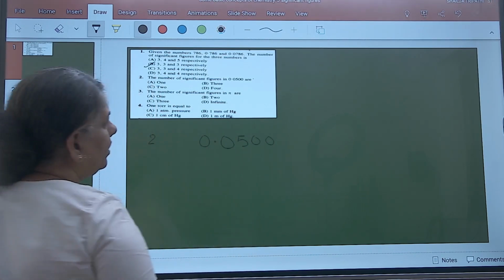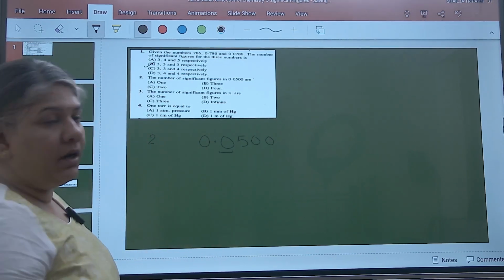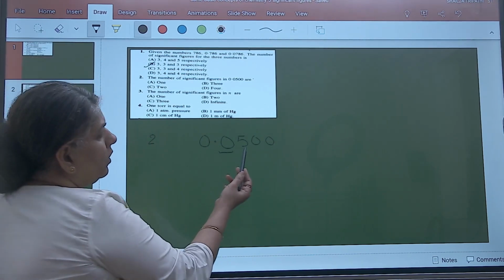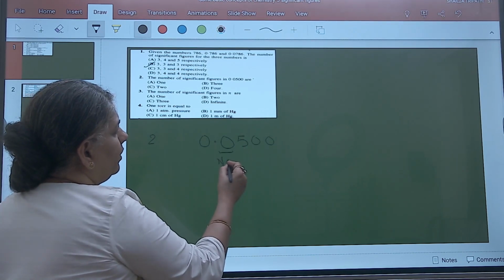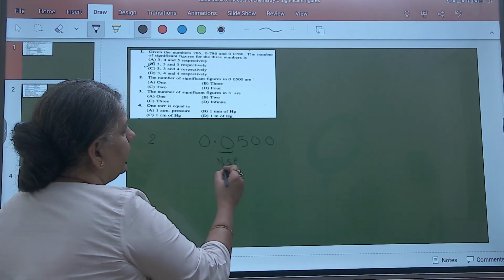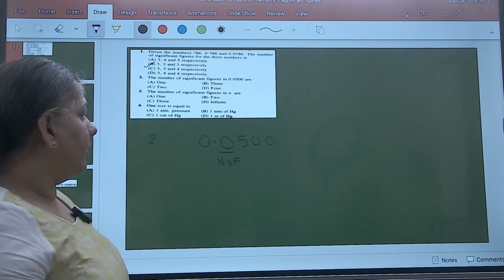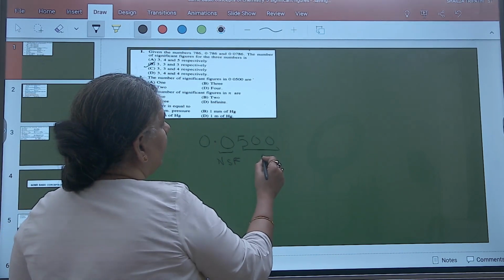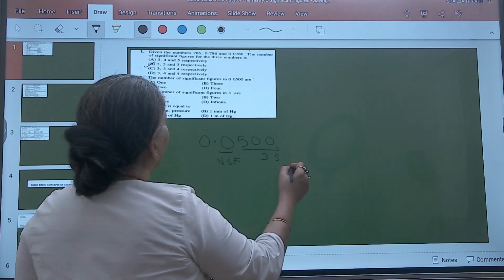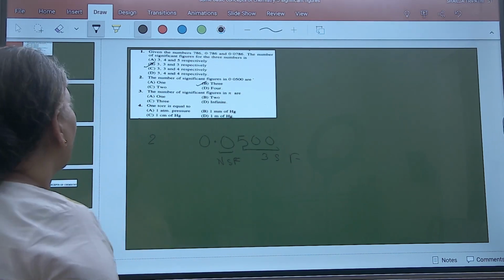Again, the rule says 0 to the right of the decimal and before a non-zero digit is not significant. So this 0 is not significant. It is just used to denote the place of decimal. And the rest of the digits are significant. So it has three significant figures. So option B is correct.